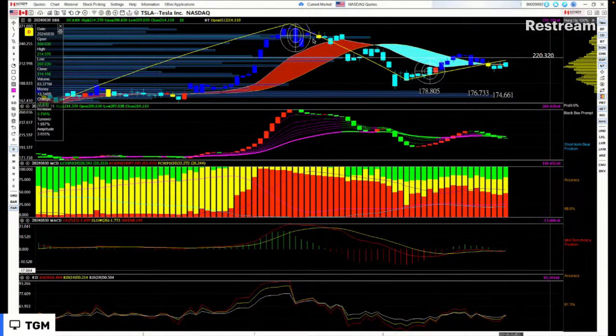If it's just moving sideways in the middle layer of the black hole, we are uncertain, so we are waiting for the up or down. And if the price action really breaks below the lower layer of the black hole, in 99% of the cases the downtrend will appear.